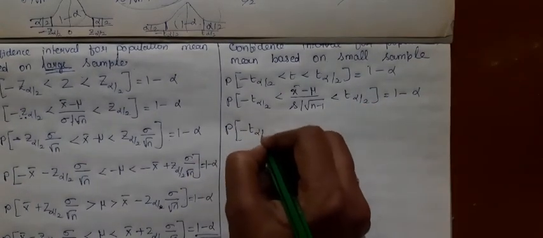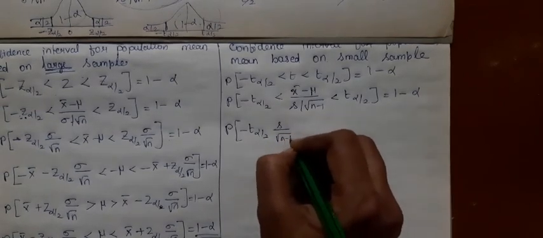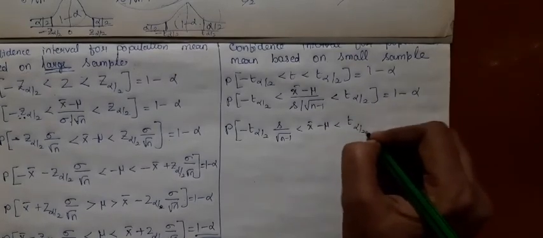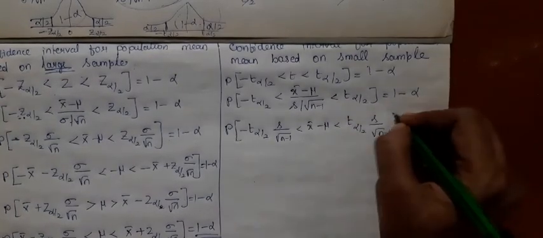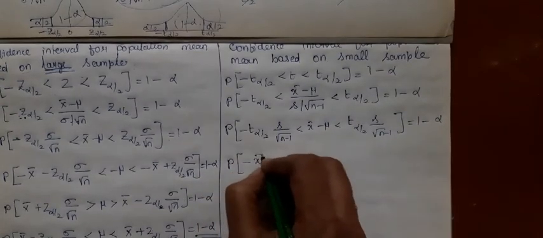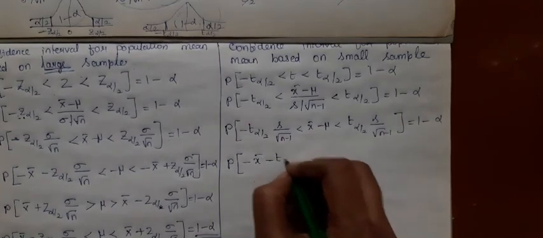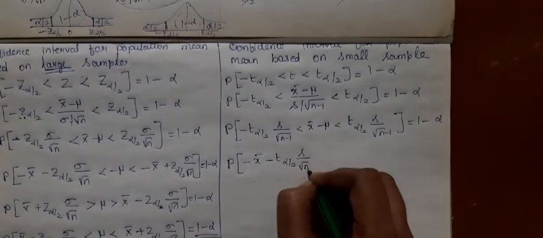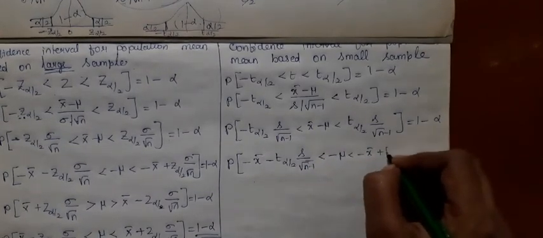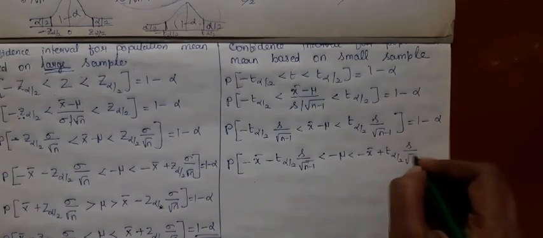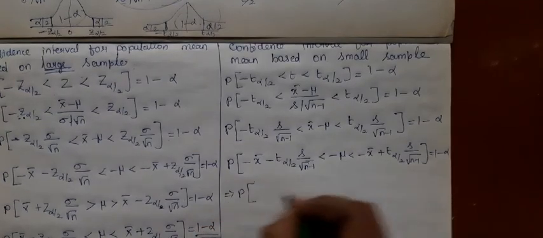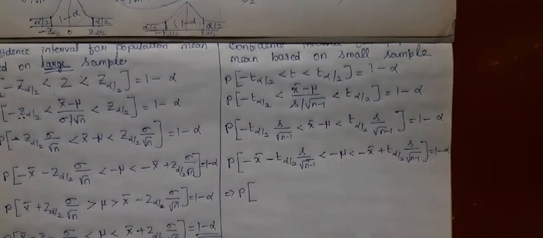Probability of minus t alpha by 2 into s by square root of n minus 1 less than x bar minus mu less than plus t alpha by 2 into s by square root of n minus 1 is equal to 1 minus alpha. Bring this x bar outside: minus x bar plus t alpha by 2 into s divided by square root of n minus 1, is 1 minus alpha. Multiply by minus 1 because you want it for the positive mu.